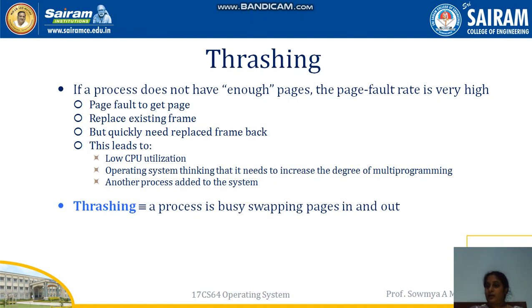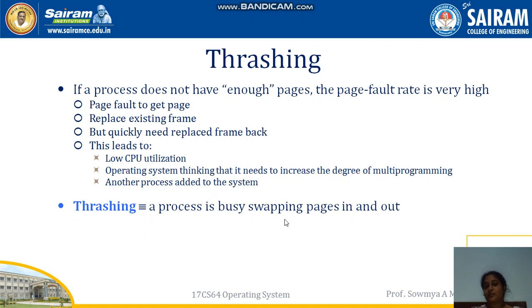So there are already enough processes executing and facing the problem of page faults. All the processes are busy in page replacement and the CPU will go idle, or have less utilization. But thinking there is less utilization, the operating system will start allocating more processes for execution. That condition is thrashing.